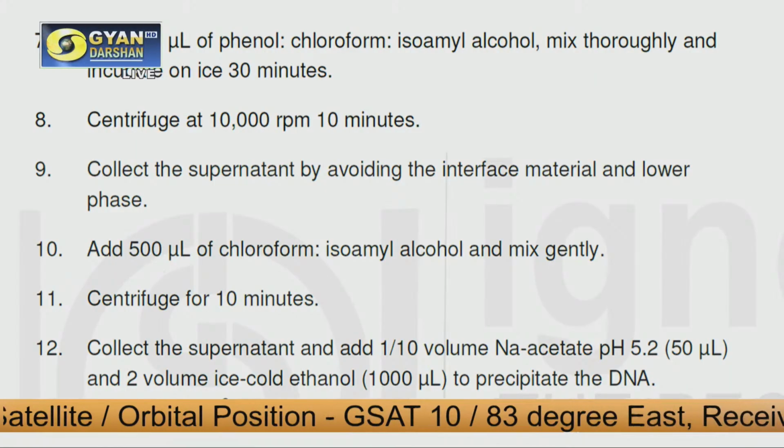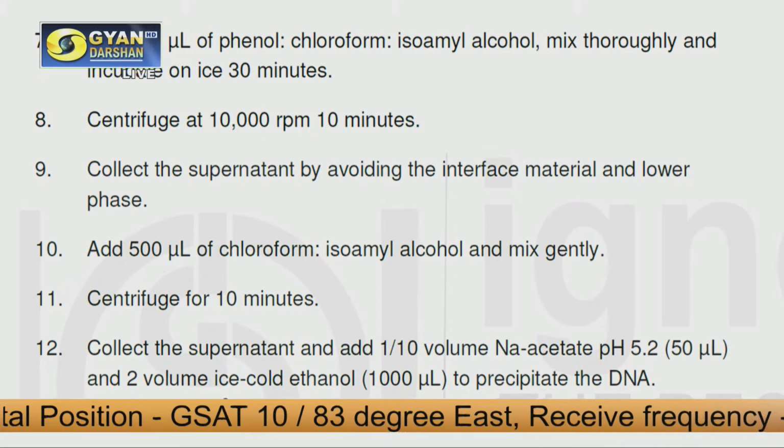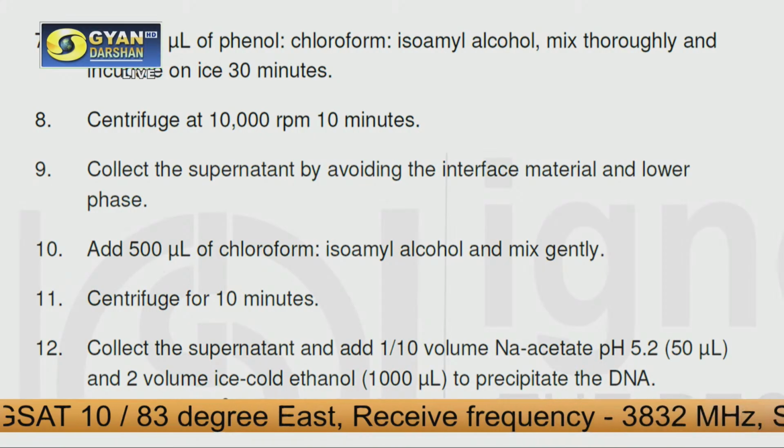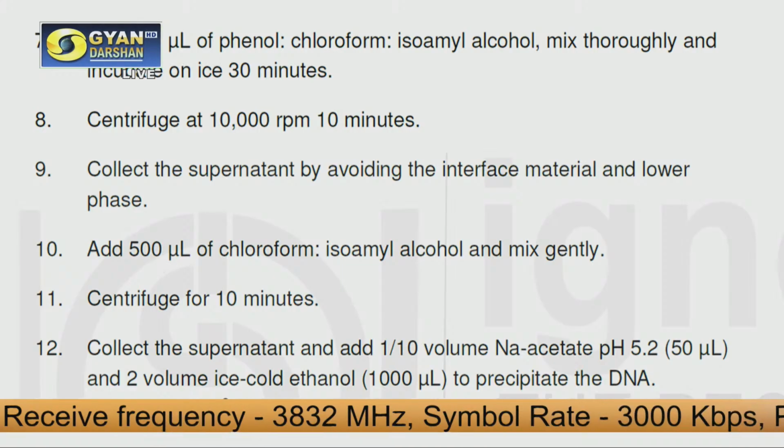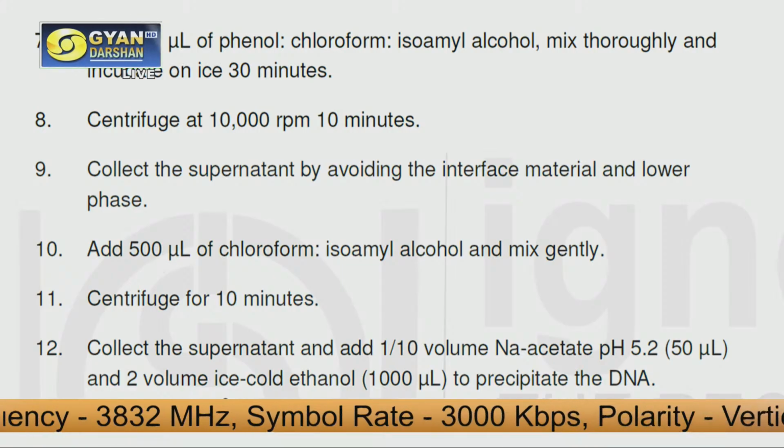Next, you have to add phenol chloroform isoamyl alcohol, 500 microliter, mix it thoroughly and incubate on ice for 30 minutes. And finally, you have to centrifuge. Don't go for very high speed in the centrifuge machine. Why? Because genomic DNA or chromosomal DNA has a very high molecular weight.